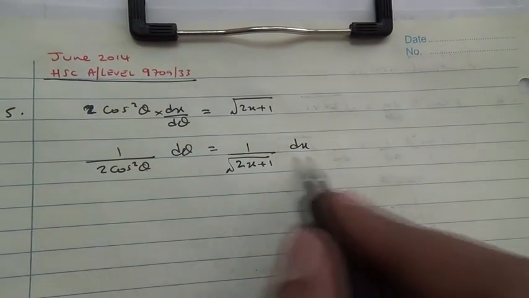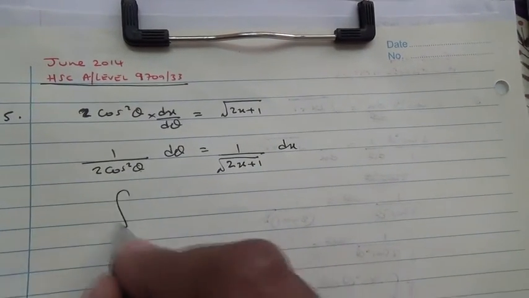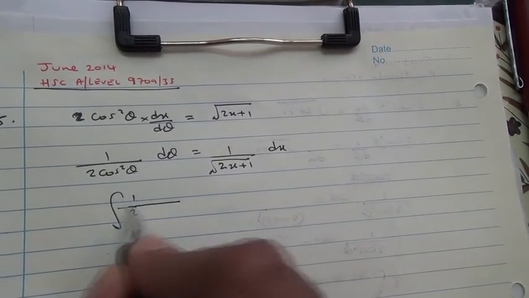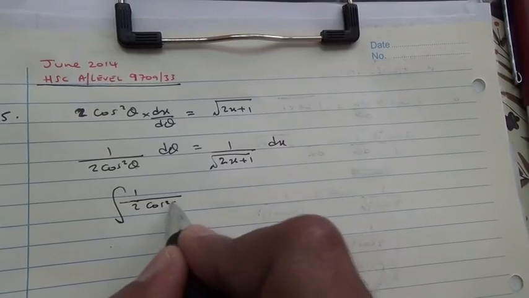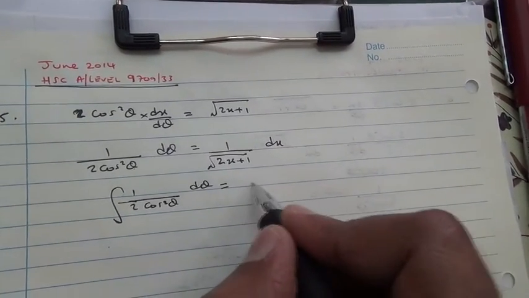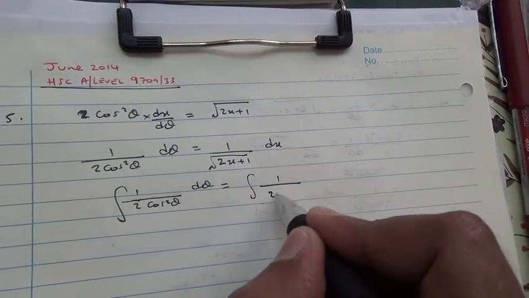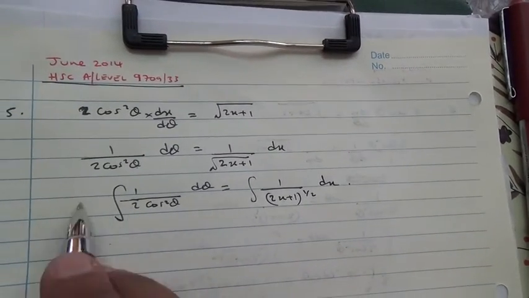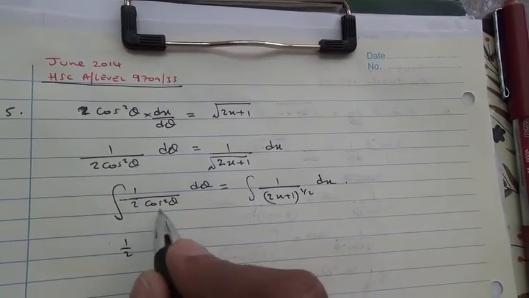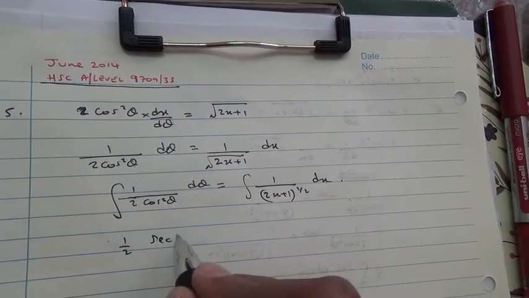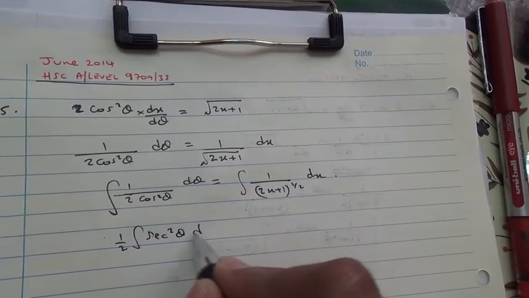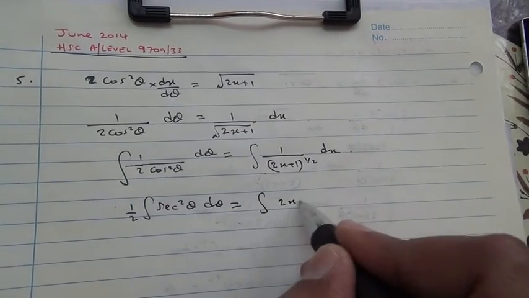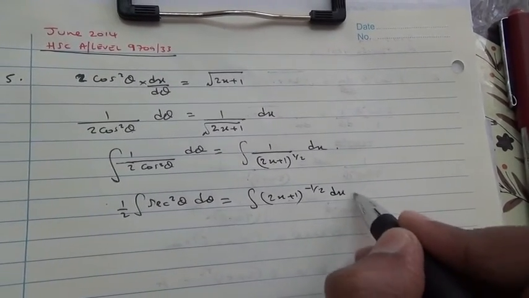So we've already separated the variables now, so what we can do is integration of 1 over 2 cos squared theta d theta is equal to integration of 1 over 2x plus 1 to the power of half dx. Right, now half can go outside, and then we're left with 1 over cos squared theta, which is sec squared theta with respect to theta, is equal to integration of 2x plus 1 to the power of minus half dx.